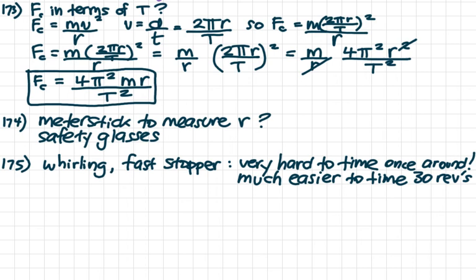Imagine that you're whirling a rubber stopper over your head. To be able to time just 1 revolution, you're not going to be able to hit the stopwatch properly. So it makes a lot more sense to do 30 revolutions and then divide the time by 30 than to try and time 1 revolution. They're right in that taking 3 trials and then averaging them is good technique.